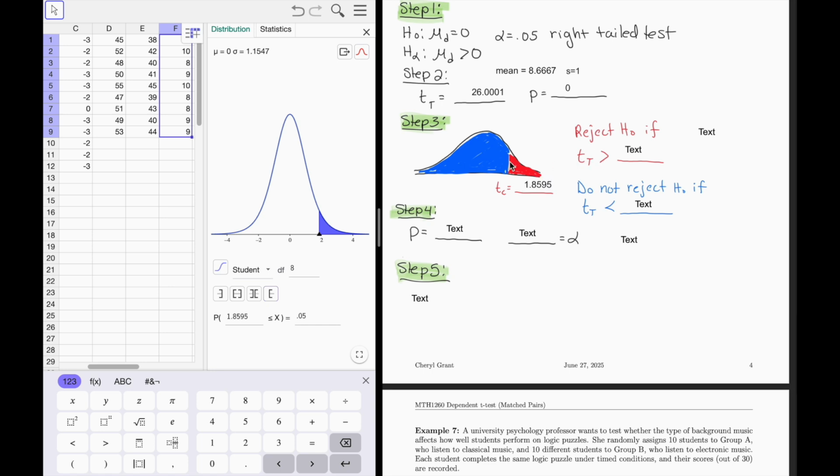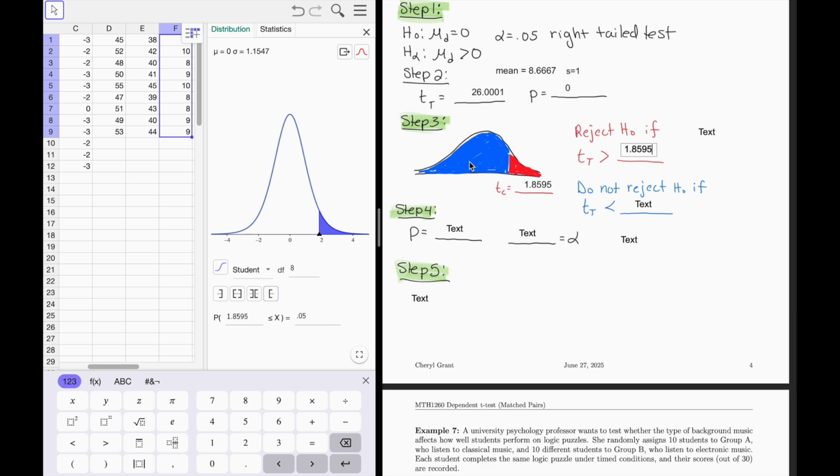So that means we're going to fall in that red rejection region if our test statistic is greater than 1.8595. We're not going to reject H0 if the test statistic is less than 1.8595.